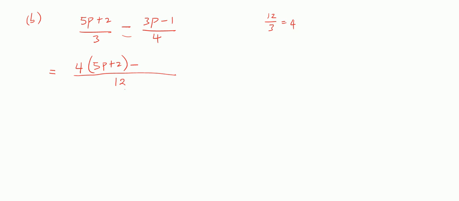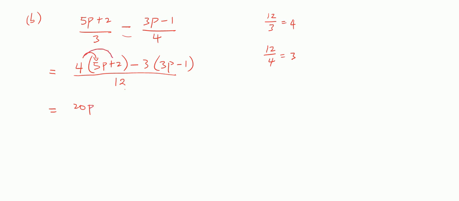Then I'm going to take the 12, so the 4 can go into 12 3 times. How did I get that? 12 over 4 will give me 3. So this is 3, open brackets, 3p minus 1. Now I need to simplify this. So I'm going to use my distributive law. So take the 4 and multiply by the 5p, which will give me 5 4s are 20p.